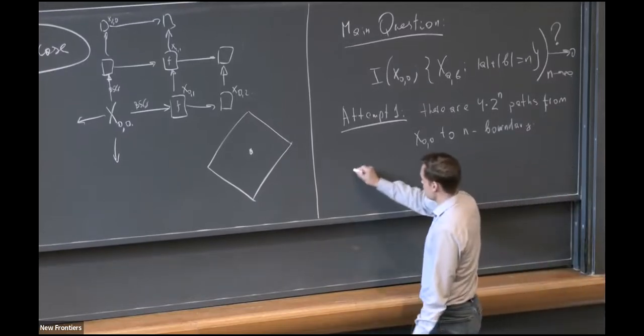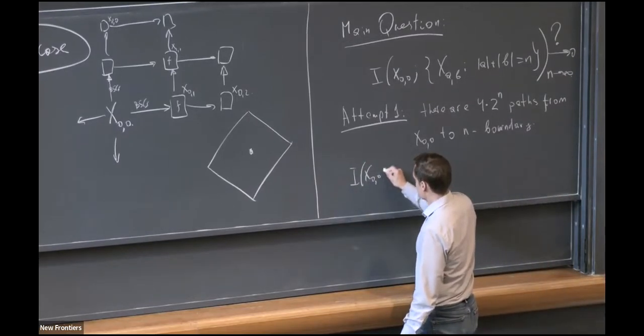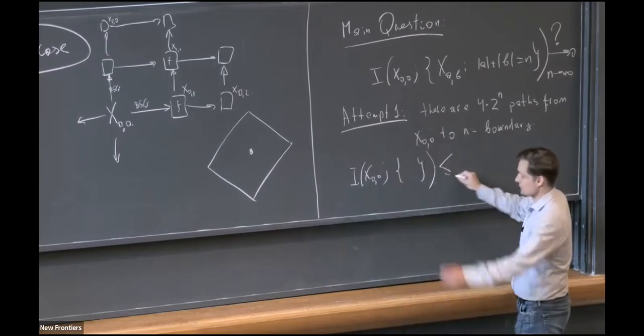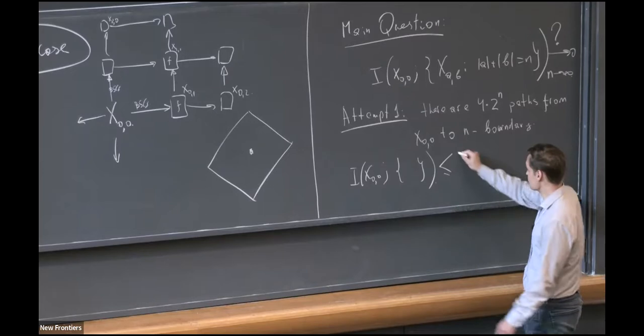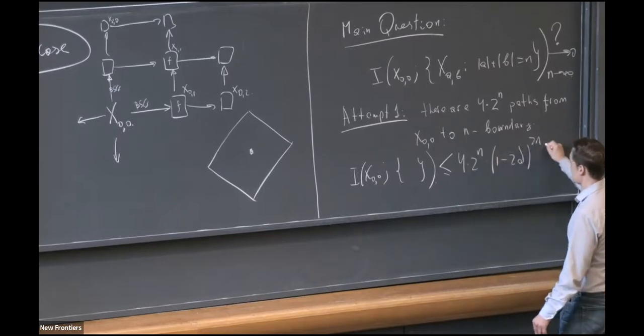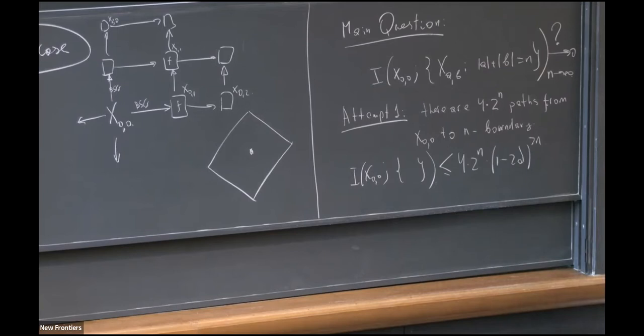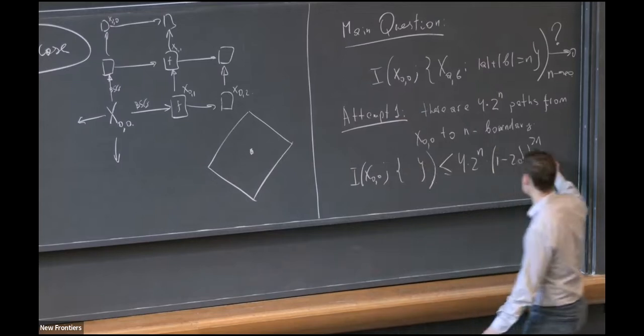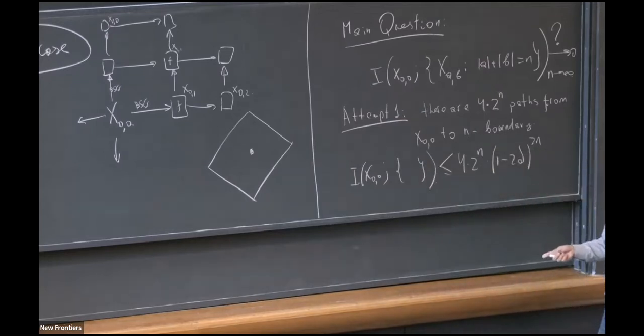Okay, so then you can apply this estimate that I showed you, the strong data processing inequality, to show that what you get here is something like this, because you're just counting overall paths. And along each path, you encounter n different BSC channels. So each one contracts by 1 minus 2 delta squared.